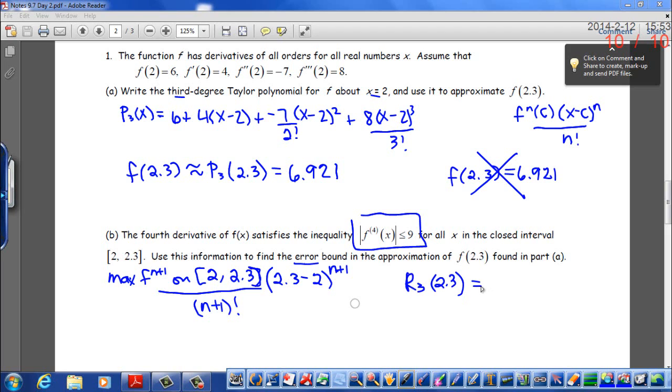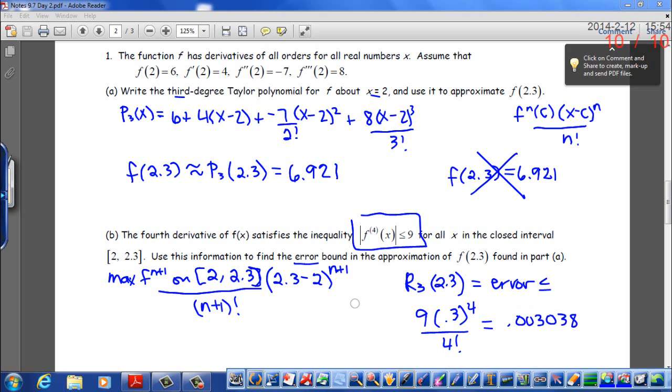So that remainder is equal to our error, and the error will be less than or equal to the maximum of our fourth derivative, which is 9, times the difference between 2.3 and 2, so that's 0.3, to the fourth power, over 4 factorial. And if you type that into your calculator, you get 0.003038. So that's our error. That's what they're asking for.